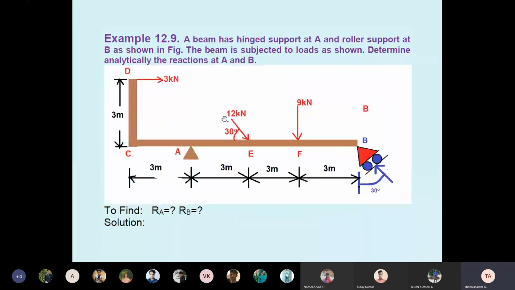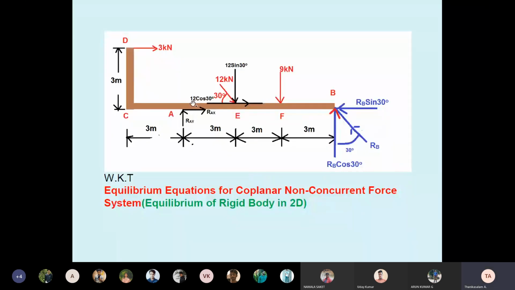Okay. Now there is a 12 kN inclined load. See the 12 kN. It goes to the fourth quadrant. Students, what is the fourth quadrant? X positive, Y negative. 12 cos 30 in the X direction, positive direction. 12 sin 30 in the vertical direction. That's why I replaced it here with 12 cos 30, 12 sin 30.